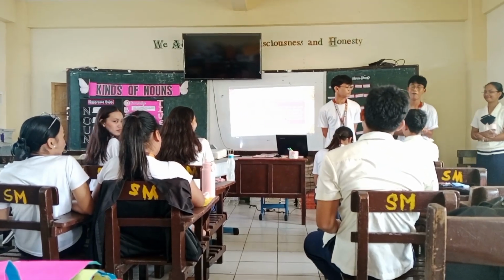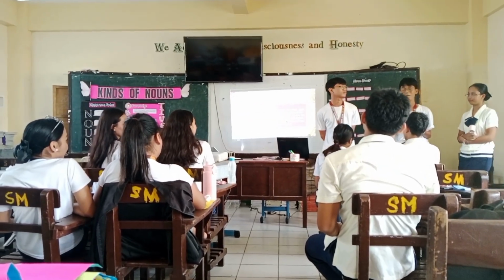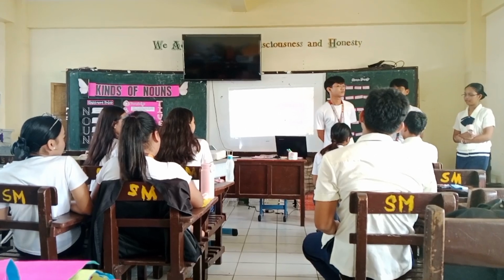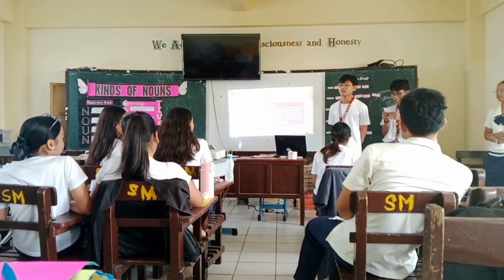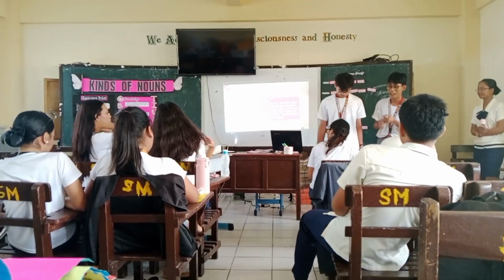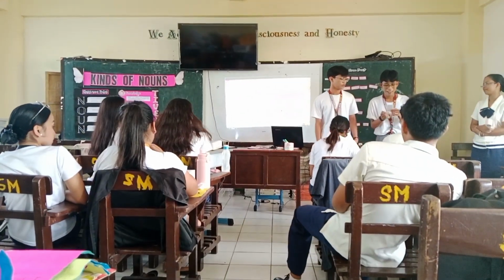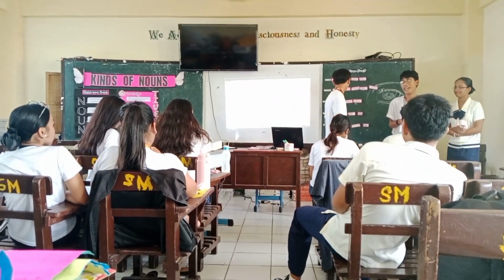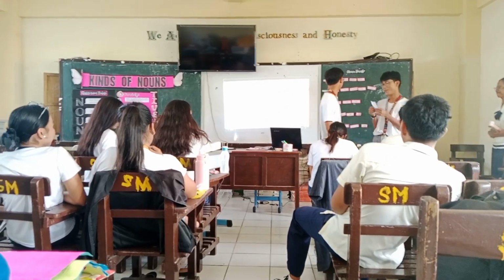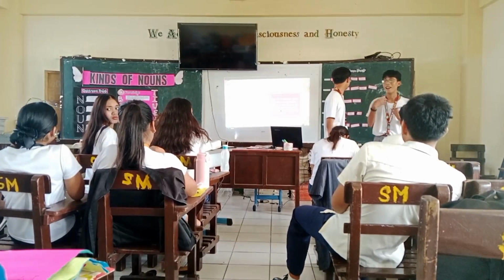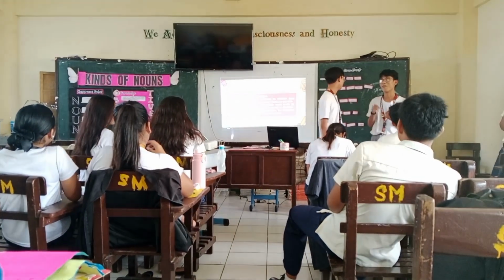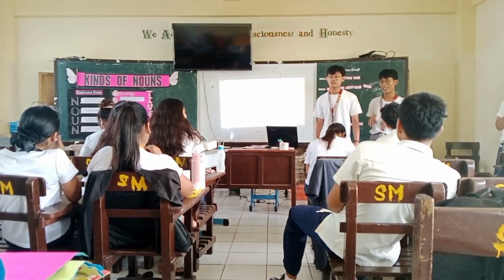It is a proper noun because it is a specific name of a place. Next is bottle. A bottle is a common noun because it is a general name. Then lastly is air. Air is abstract because you cannot see and touch it.